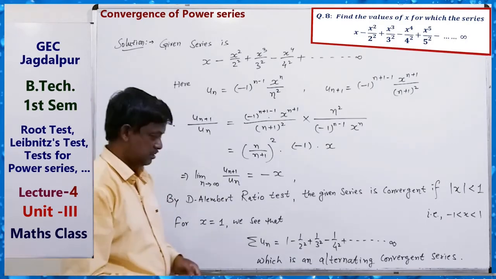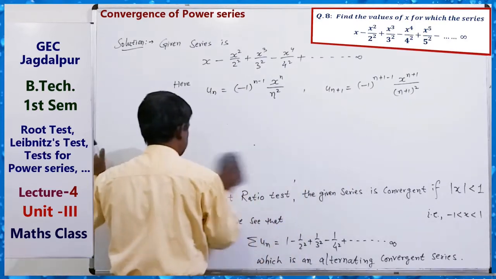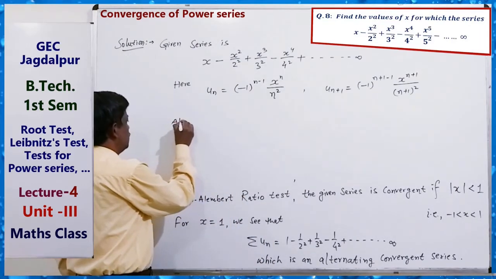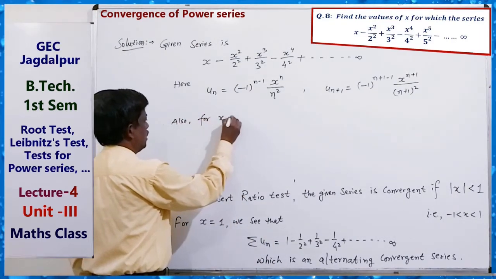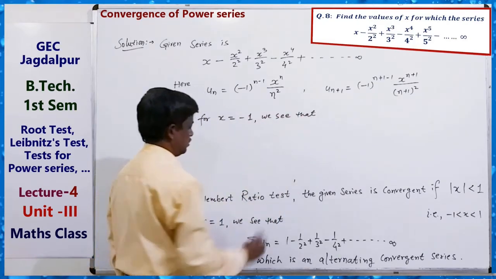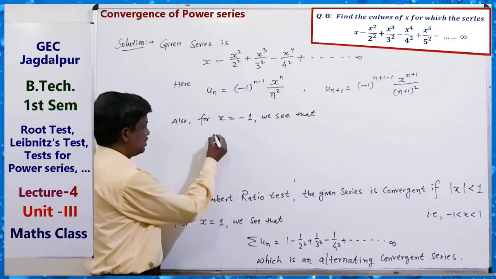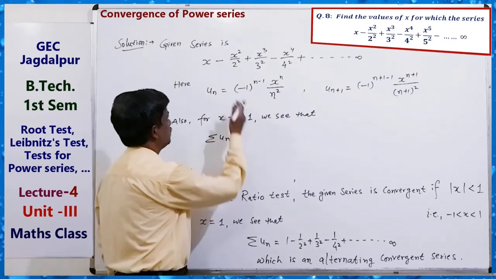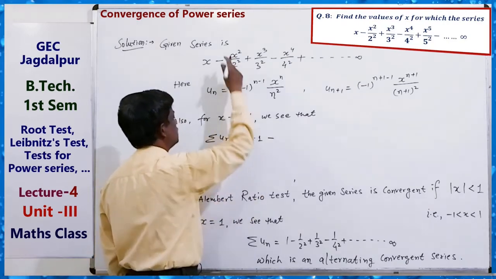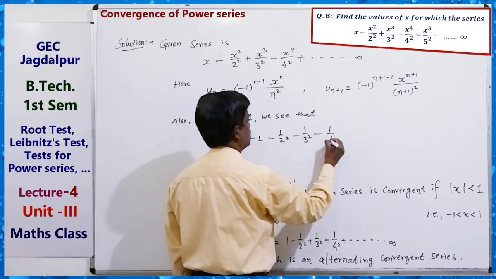And for x equal to minus 1 also, we see that the series is minus 1, minus 1 by 2 square, minus 1 by 3 square, minus 1 by 4 square.